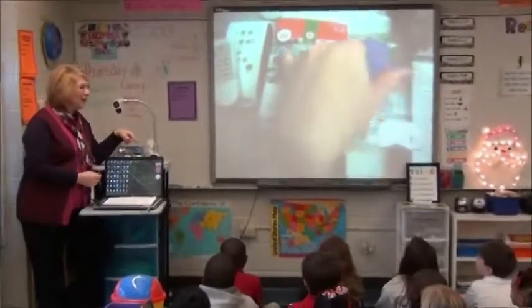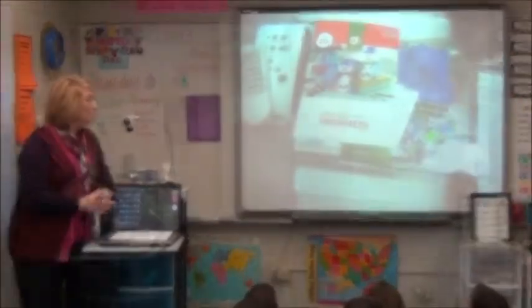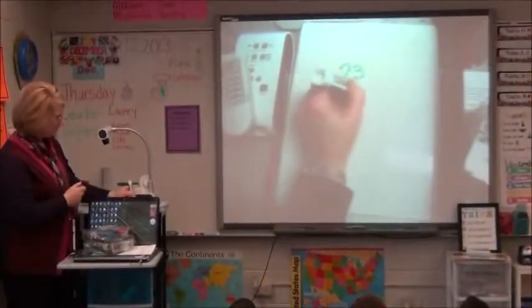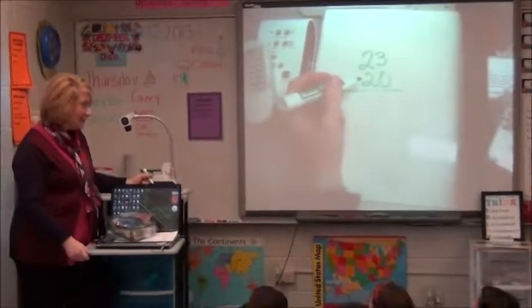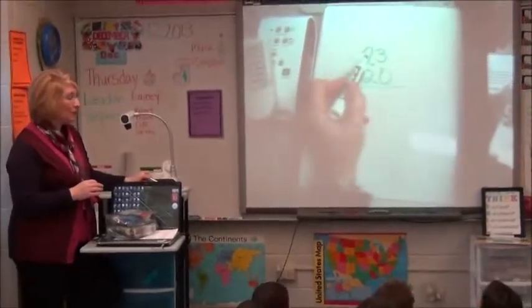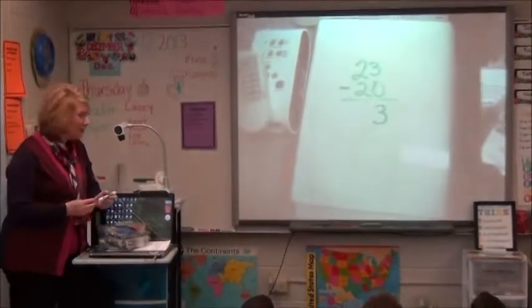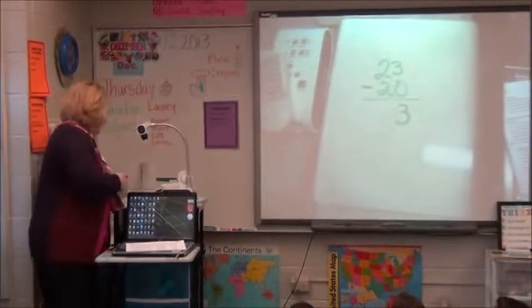And I knew this would not be enough. So when I was in Target, I said, well, we have 20. I wanted to find out how many more I needed so that we could all do the craft. So I subtracted, I took away our students. We needed 3 more. So I went and bought them.